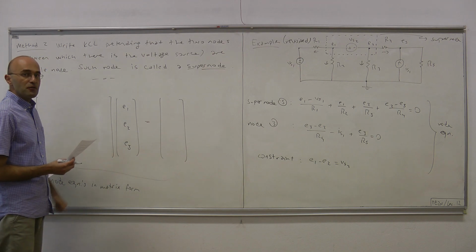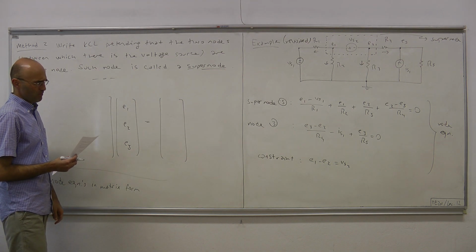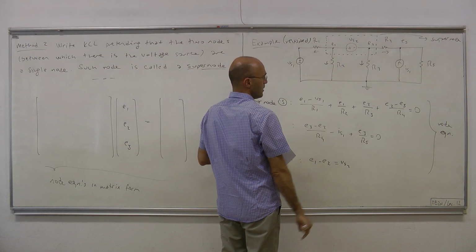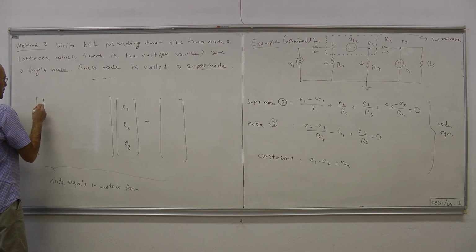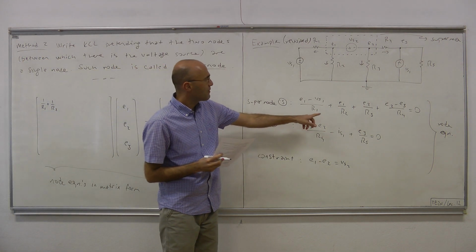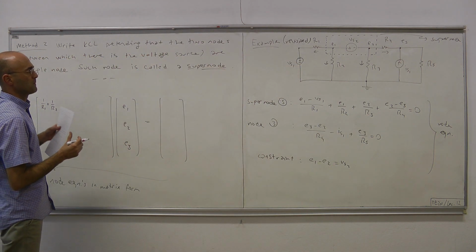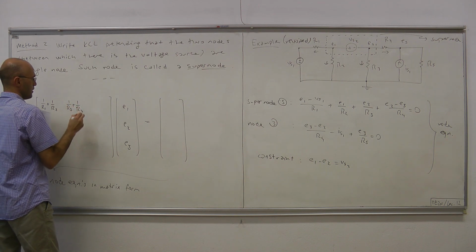Okay, so let's fill in the entries of this matrix. For the first row, we'll look at the first equation, the supernode equation. For E1, we have 1 over R1 plus 1 over R2. For E2 we have 1 over R3 plus 1 over R4.